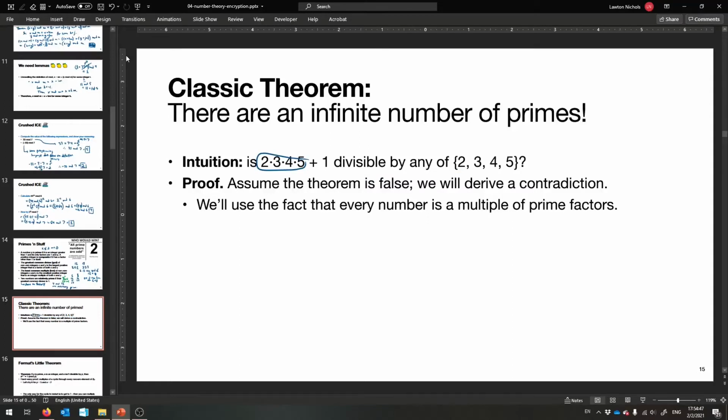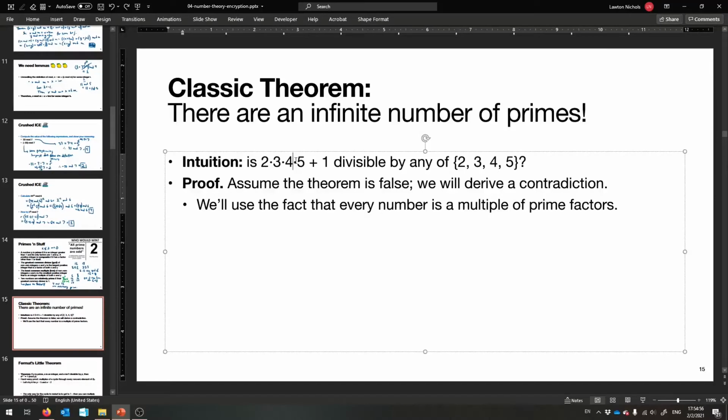If you multiply them together and then add 1, is it divisible by any of those original numbers? That is the question. And just to drive the point home, maybe I should make this 5 and 7. Yeah, 5 and 7, which are primes. So is this number, whatever it is, divisible by any of 2, 3, 5, or 7?